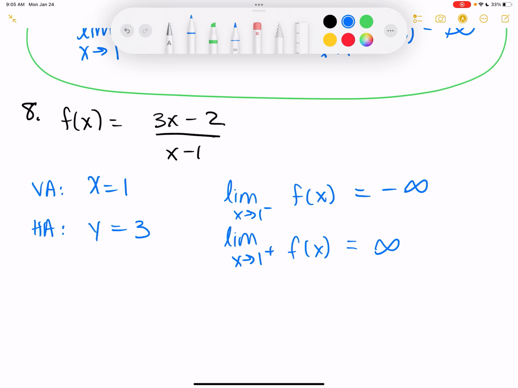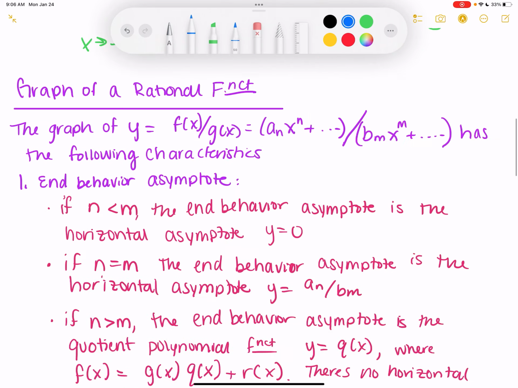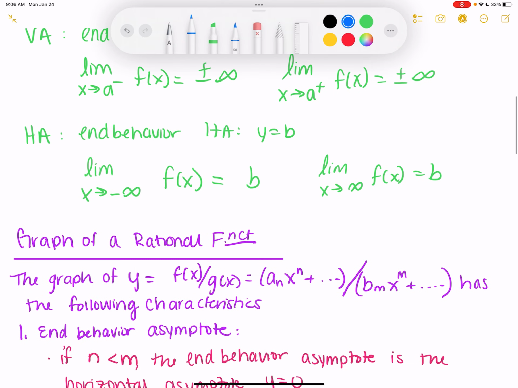So then the next one is a little different than the other ones. Again, I'm going to scroll back up here so you can see this horizontal end behavior. The limit as x approaches negative infinity and as it approaches infinity is always going to be whatever your horizontal asymptote is.